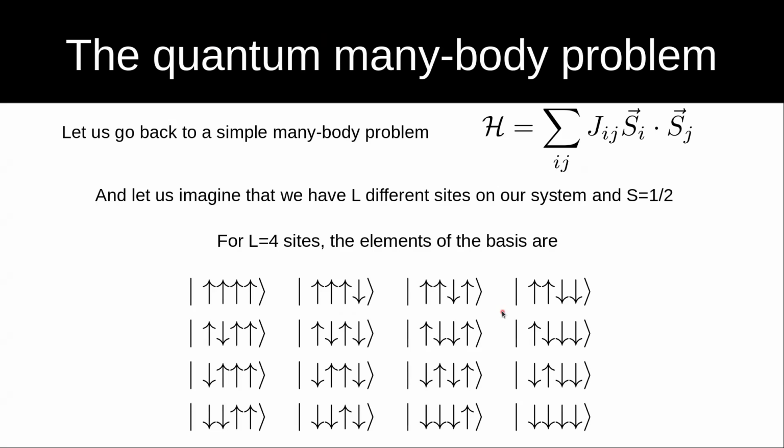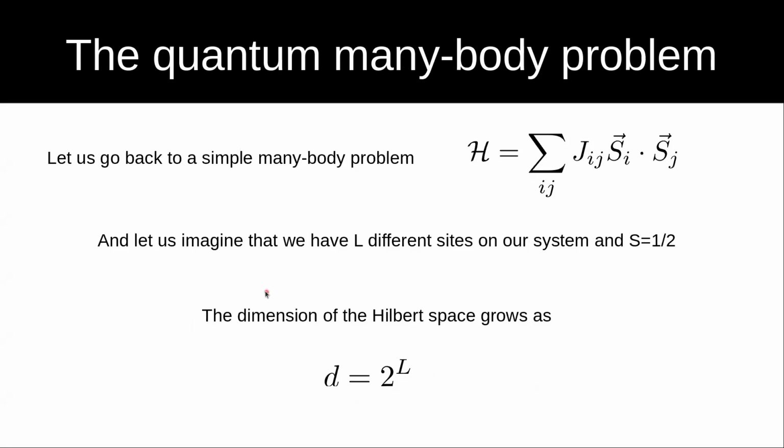The basic idea is that matrix product states allow us to find a very efficient representation of our many-body ground state without actually having to store every single element of the basis. From the practical point of view, if we want to solve a quantum many-body system, in principle we would need to deal with an exponentially large number of states in the basis, in particular 2 to the L elements.